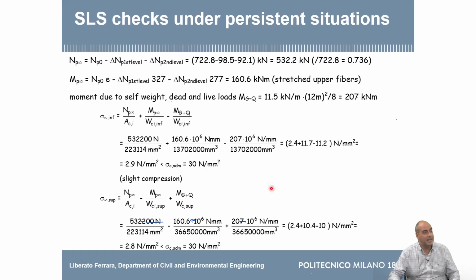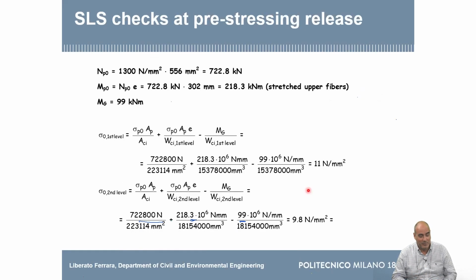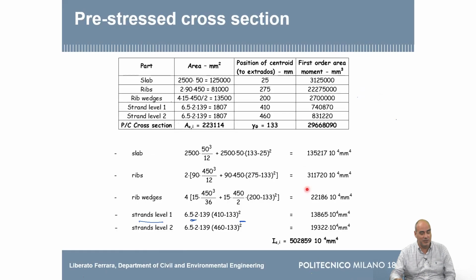What about elastic shortening? Well, elastic shortening, we have already implicitly taken it into account. Thank you for asking, because I had in mind to tell it. We have already implicitly taken it into account in doing this kind of calculation. We have calculated the pre-stressing not acting only on the concrete cross-section, we have calculated it on the whole cross-section.